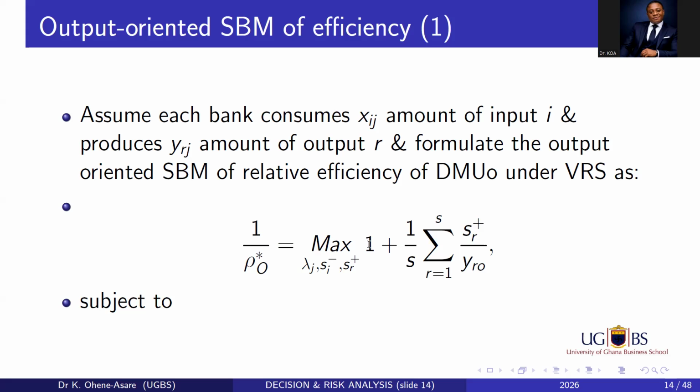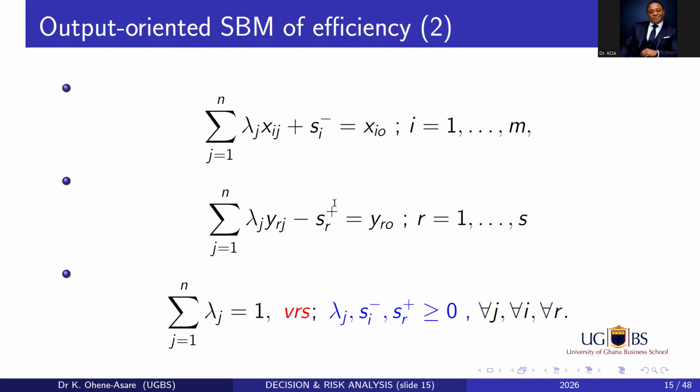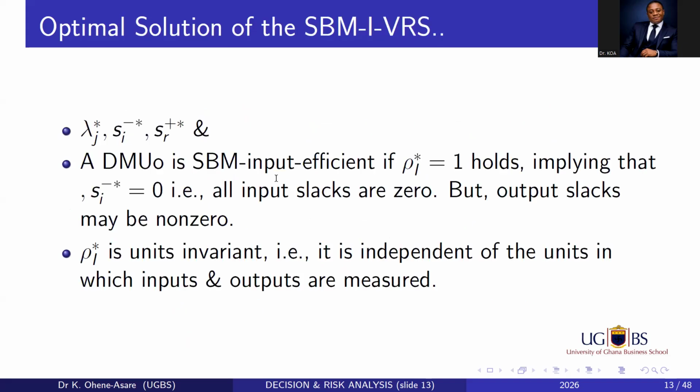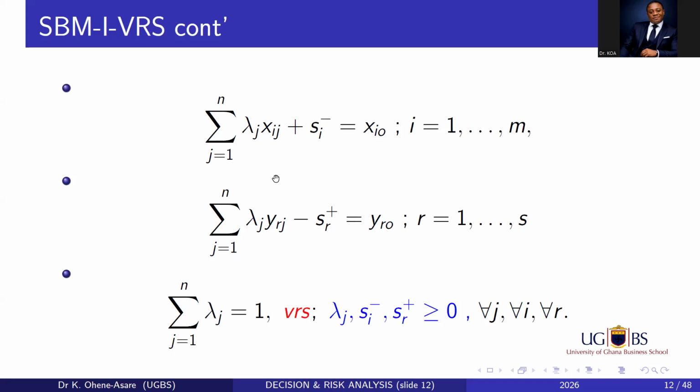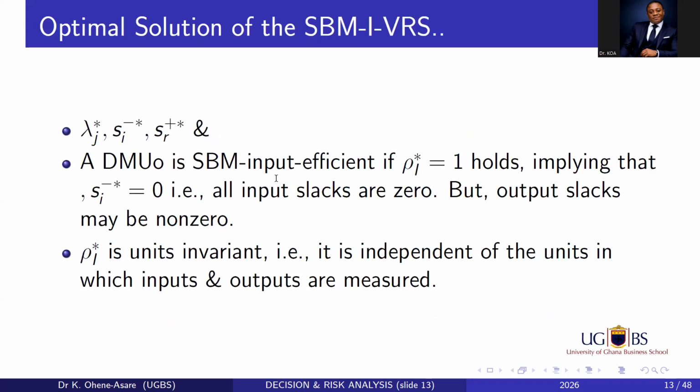Guys, it's important you understand this model that we are doing. This is a serious model, and you want to understand the interpretation of it. Because we shall do the output orientation in my practical one, I'm not going to ask you to calculate it. And again, coming back to your point, Emily, you're going to see that most of the time, the constraints are the same for input and output orientation.